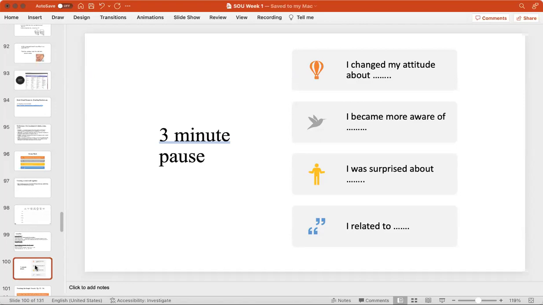I've become more aware of, I'm surprised about, or I related to. Pick 1 or 2 of those to reflect on your learning of how the brain learns, as well as the consonants, because that's what we've done in the 3 hours that we've worked together. And I'm going to put the timer on for 3 minutes.